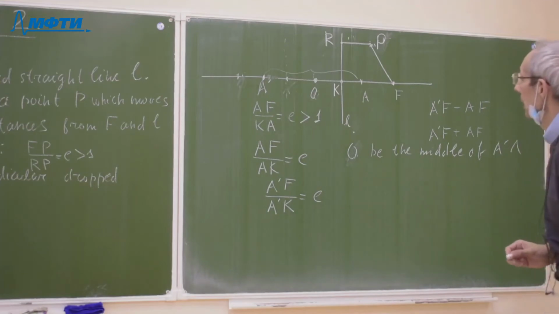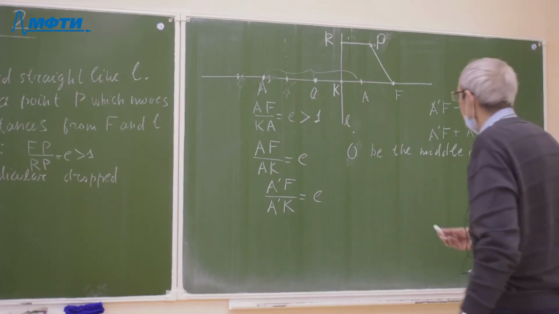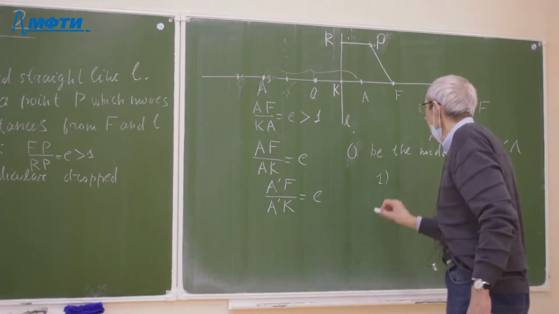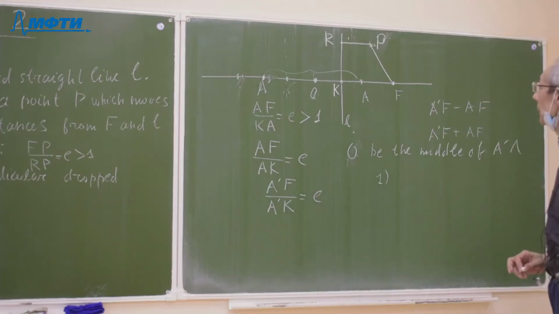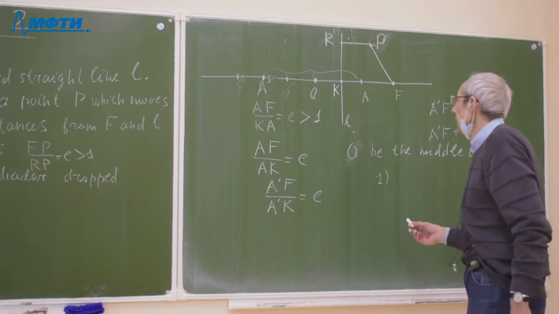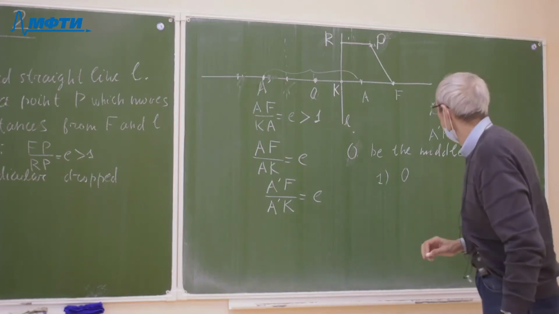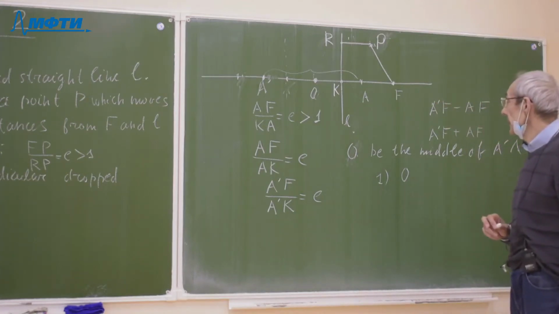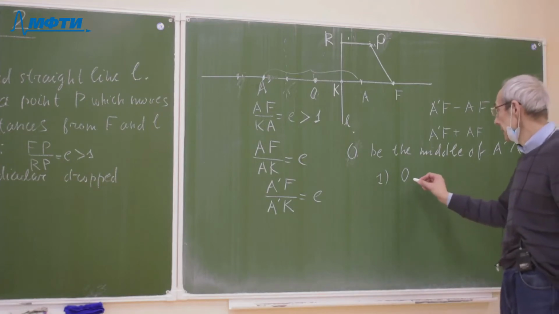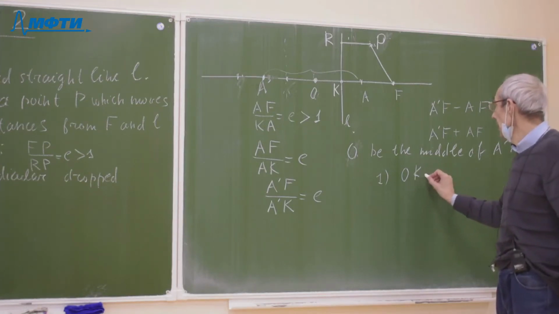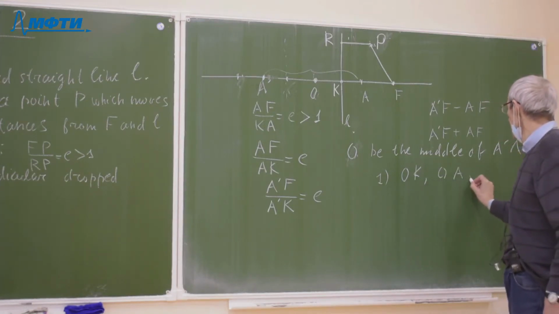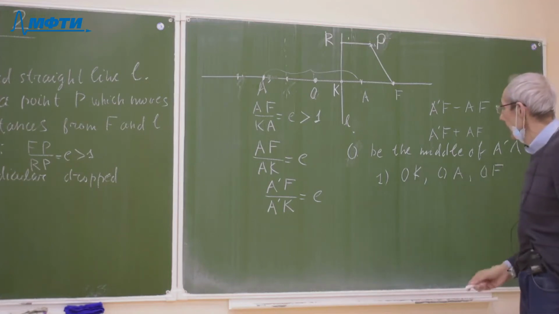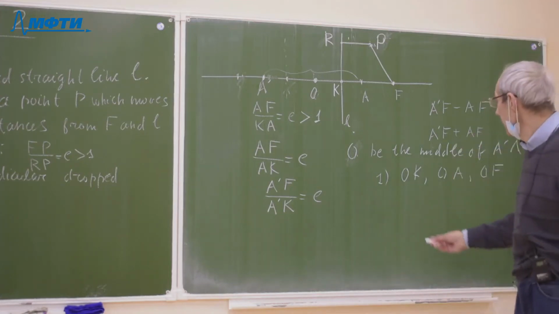And first of all, we are going to compare three distances: OK, OA, and OF.